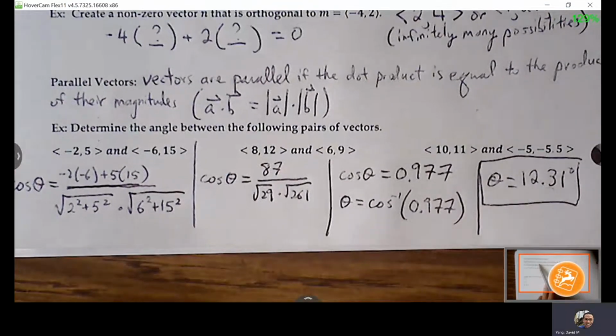Do you guys get 12 degrees? Wait a second.